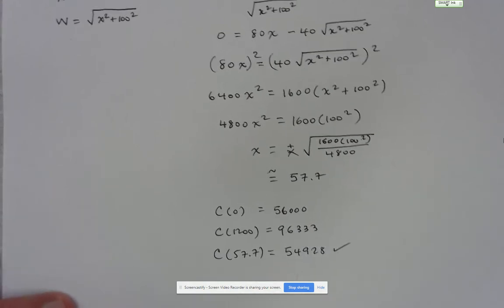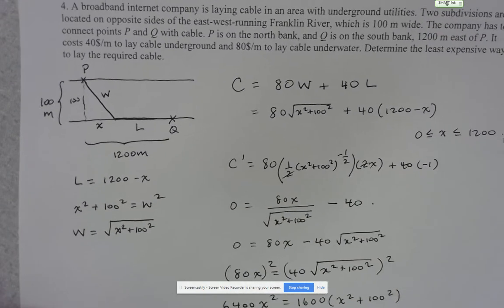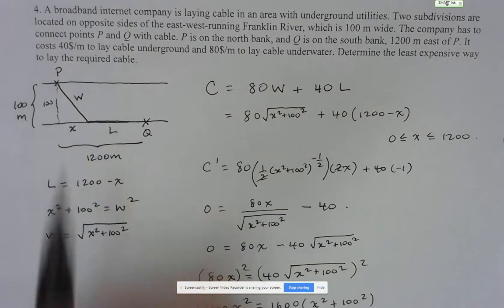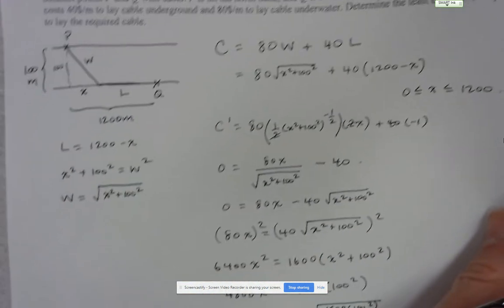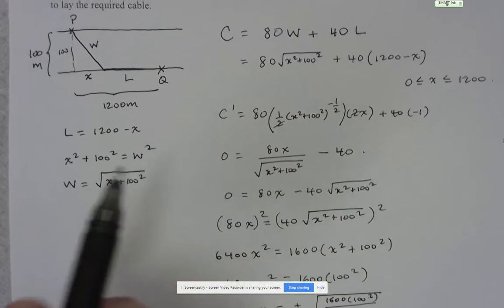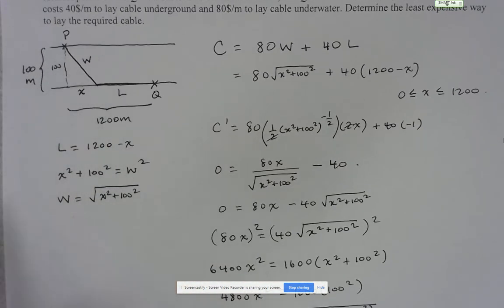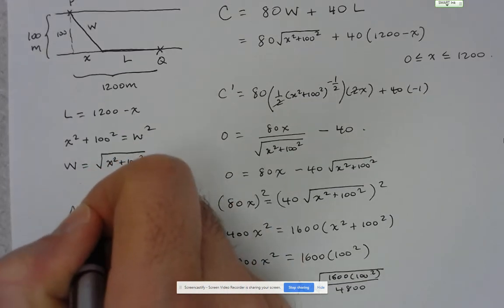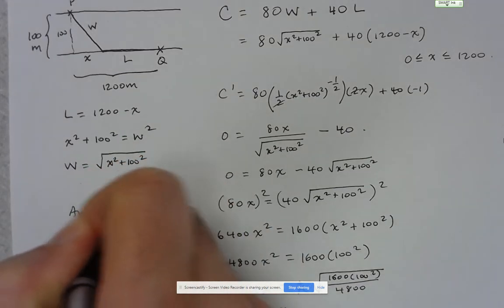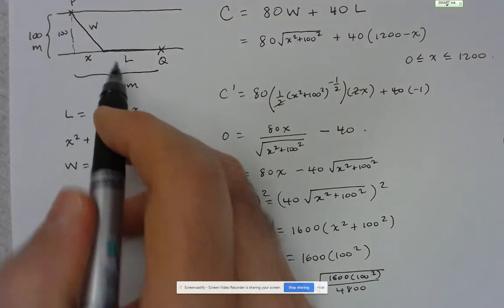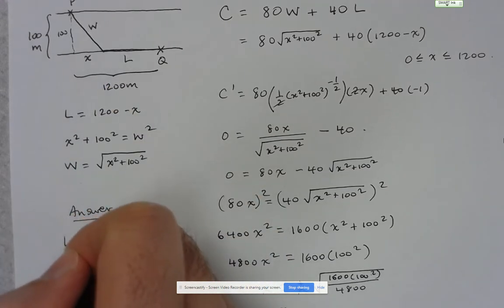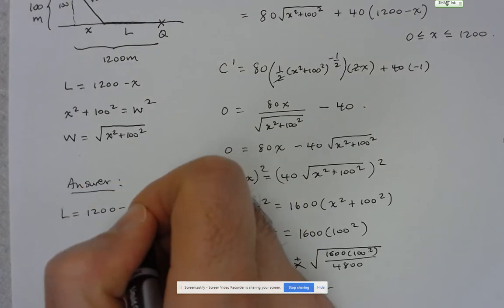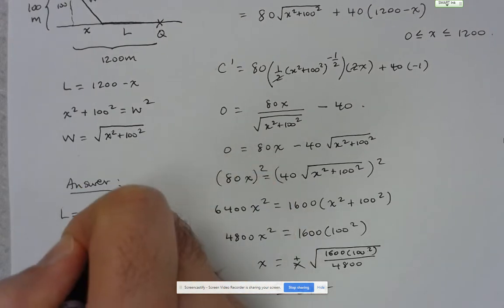All right. So now let's actually answer the question. And the question is, determine the least expensive way to lay the required cable. So what I'm going to do is specify how much of it is by water and how much of it is by land. So for my answer here, the part by land is going to be 1200 minus the x value which minimizes it, which was 57.7.